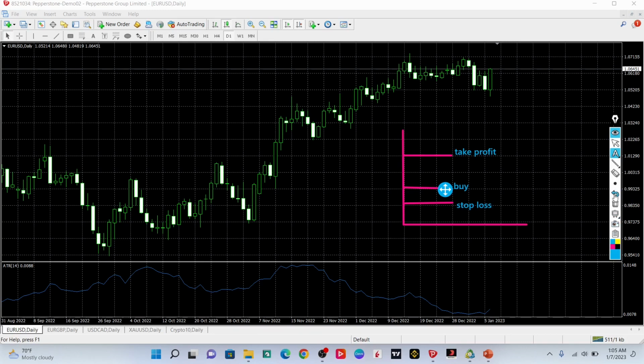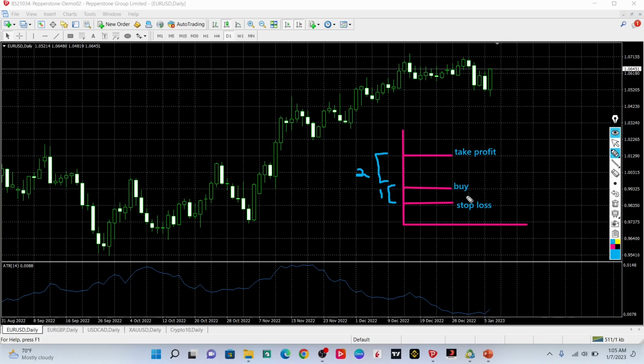That is what you've been told before. They tell you that the distance from your buying price to your stop loss is supposed to be a 1, for example, and the distance from your buy to your take profit is supposed to be at least twice.